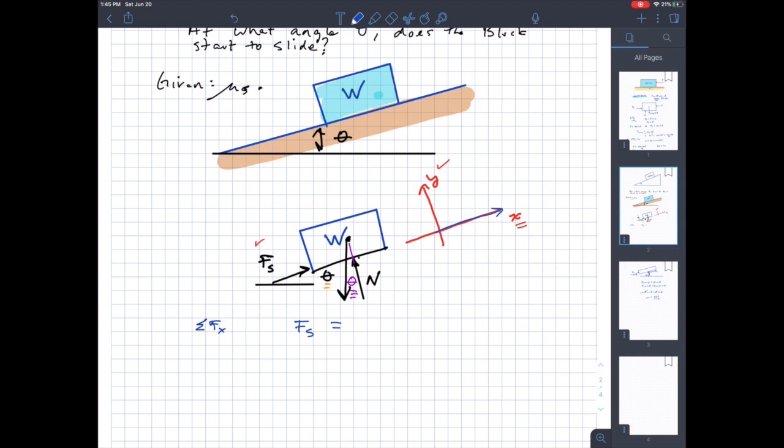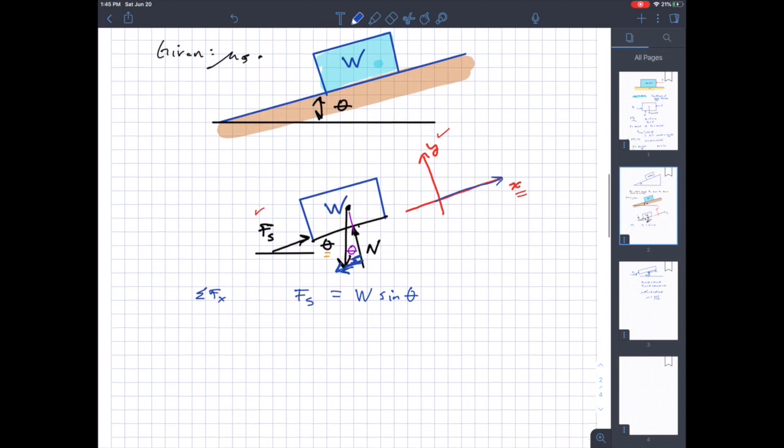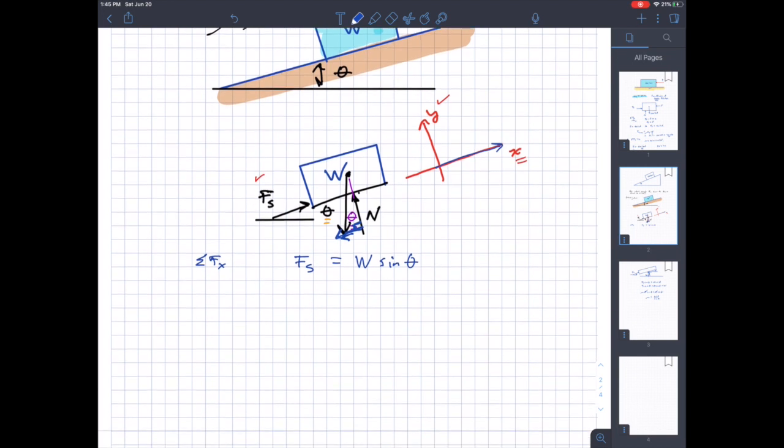Working to the left would be the weight vector resolved into this direction. Okay, I did that wrong. It's not that direction, it's perpendicular. It's this direction. That's good because we needed this to be a right triangle. I look at that, and that's the opposite of theta. So that would be W sine theta equals Fs. So that's one equation.